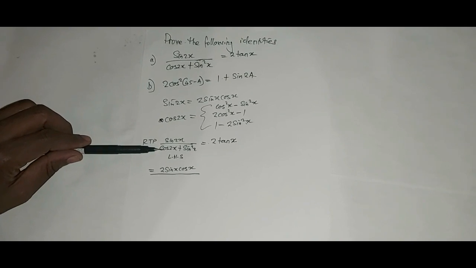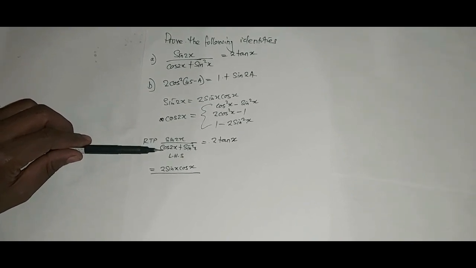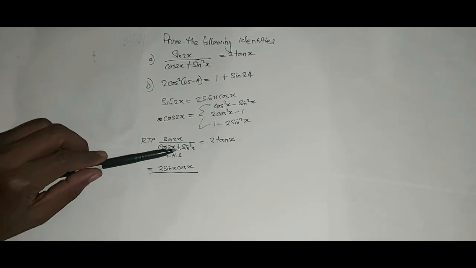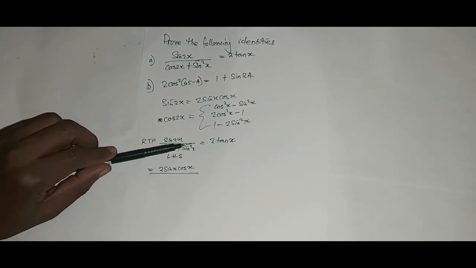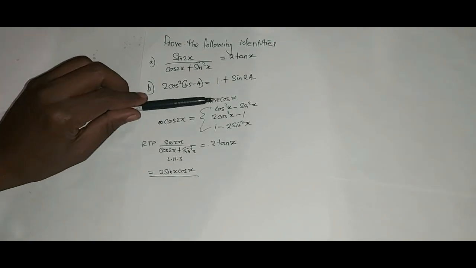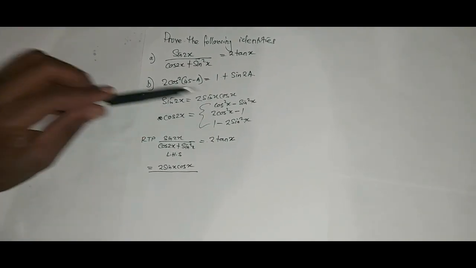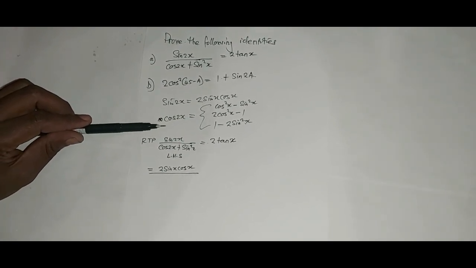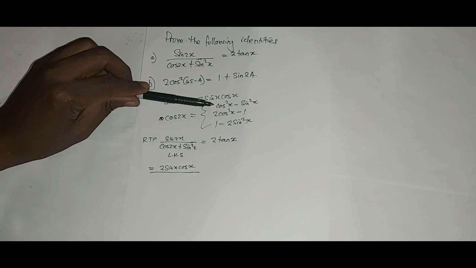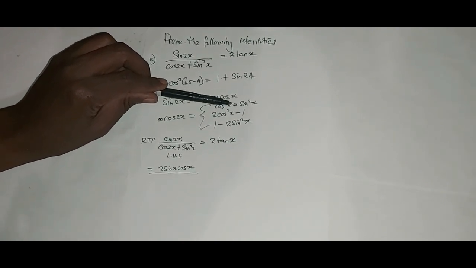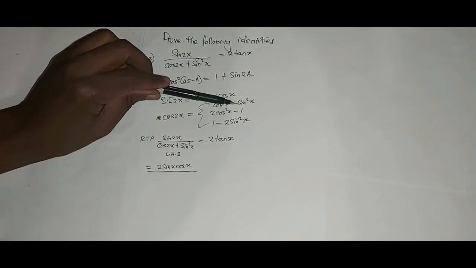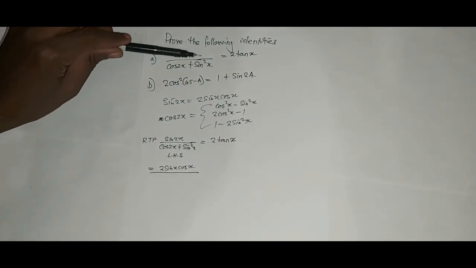The option for cos 2x will depend on the situation that you are having. Can you see here I have a plus sin squared x. So I will have to choose from 1, 2, 3. The best option for this one is the first one, cos squared x minus sin squared x. It is the best option in the sense that I have a minus sin squared, which will later cancel with the plus sin squared that is there.